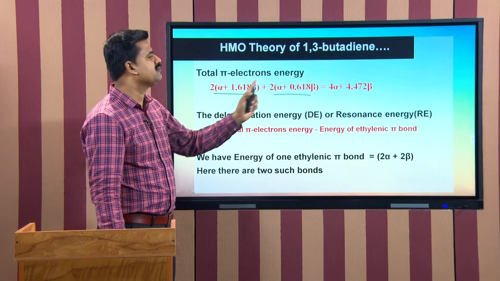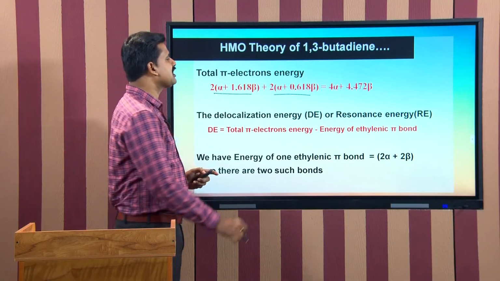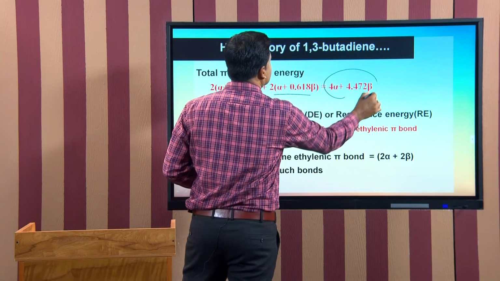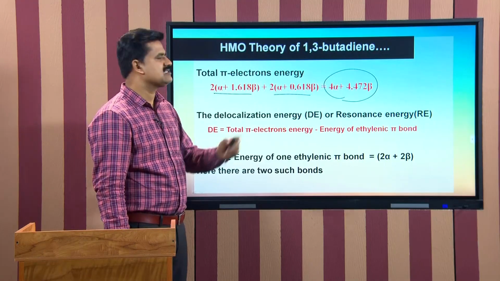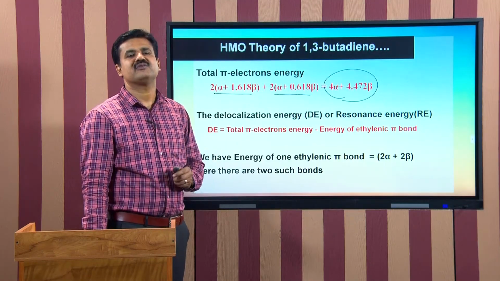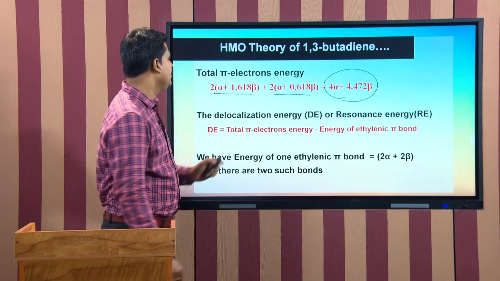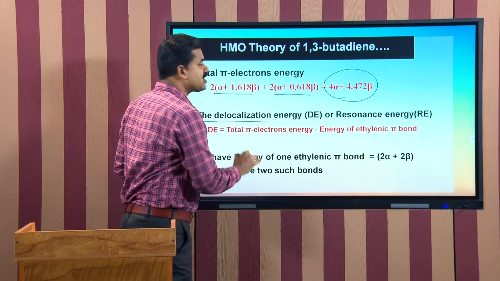On simplification, the total energy of the 4 pi electrons in 1,3-butadiene is 4 alpha plus 4.472 beta.